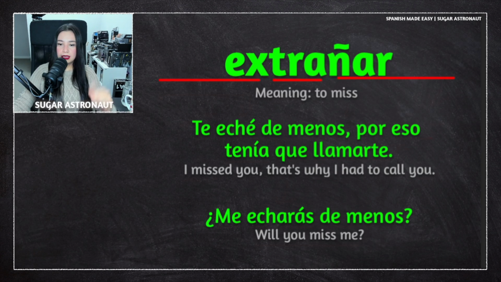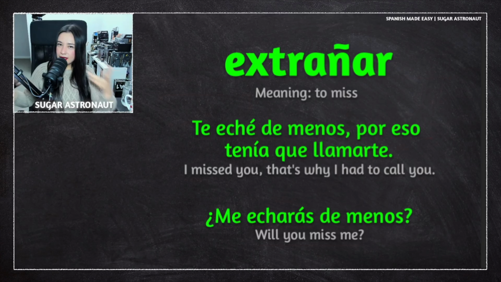Okay, yo te extraño, tú te extrañas. No, you cannot say tú te extrañas. It's like saying you miss yourself. But you know what I mean. Yo te extraño. I miss you. Ella me extraña. She misses me. Okay. And you still need to use the reflexive pronouns if you want to use this verb, of course.